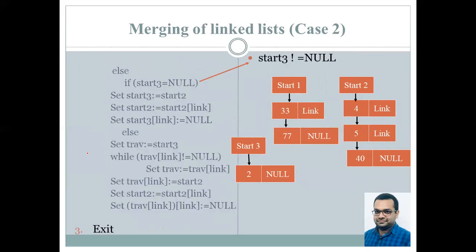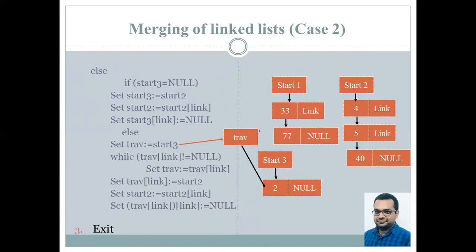And over here it will check if start 3 is not equal to null. Now this check fails because start 3 already has our one node inserted over here from the previous step. Therefore, control will come to the else part within the else part, that is these statements will not be executed.